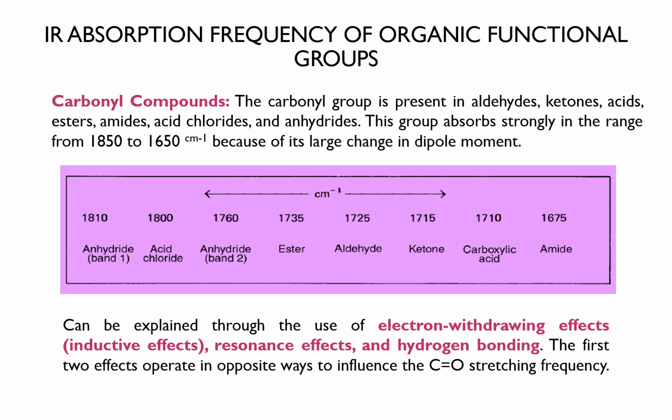So what are the different factors which affect these absorption frequencies? The factors are electron withdrawing effects, that is minus I inductive effect, and resonance effect. These two effects generally operate in opposite ways to influence carbonyl stretching frequency. And then we have hydrogen bonding and one more, alpha substitution effects.